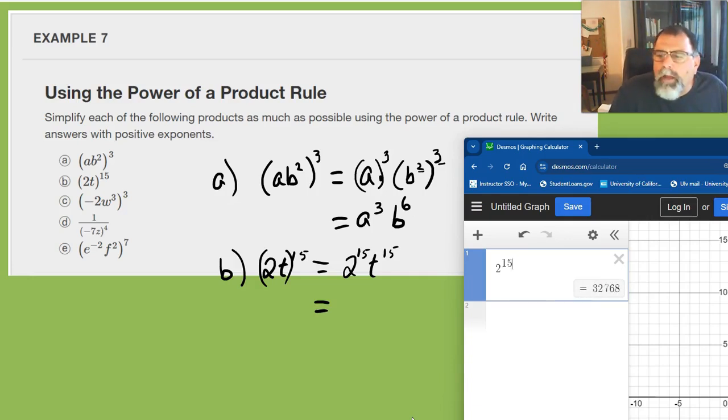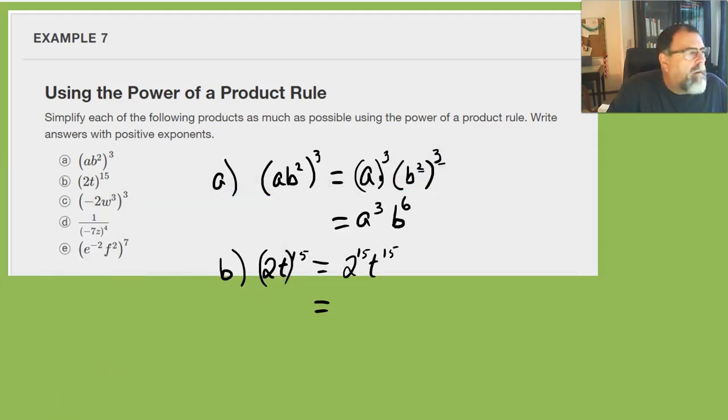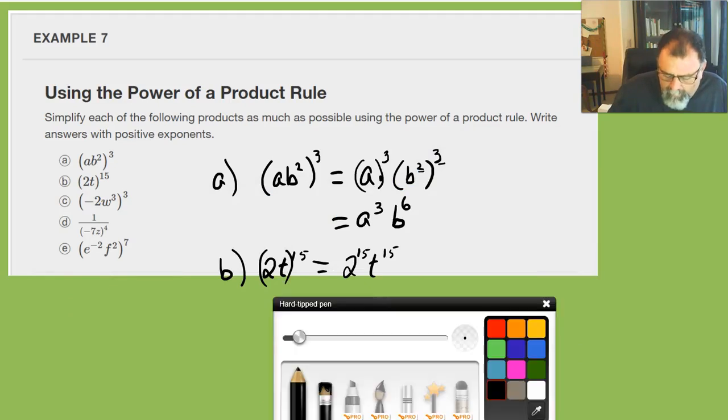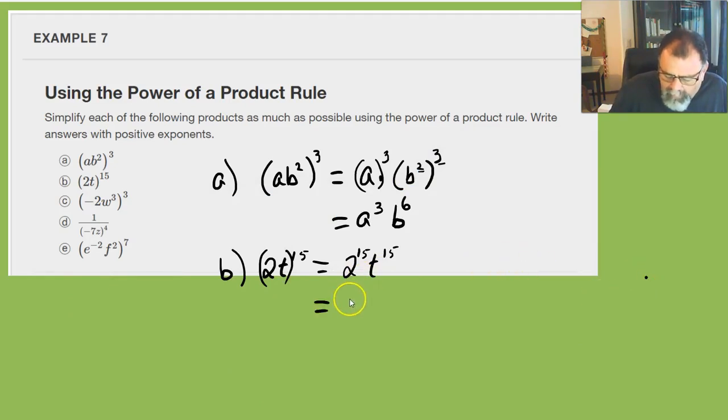It's 32,768. So that's a nice free calculator. Plus it has graphing. And again, remember, when it comes to the midterm and the final, you're not allowed to use a graphing calculator. So you'll have to make sure you have a regular scientific calculator for the midterm and the final.